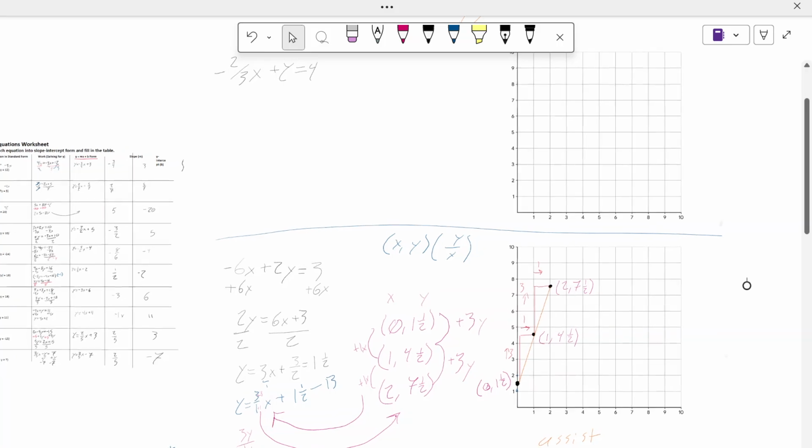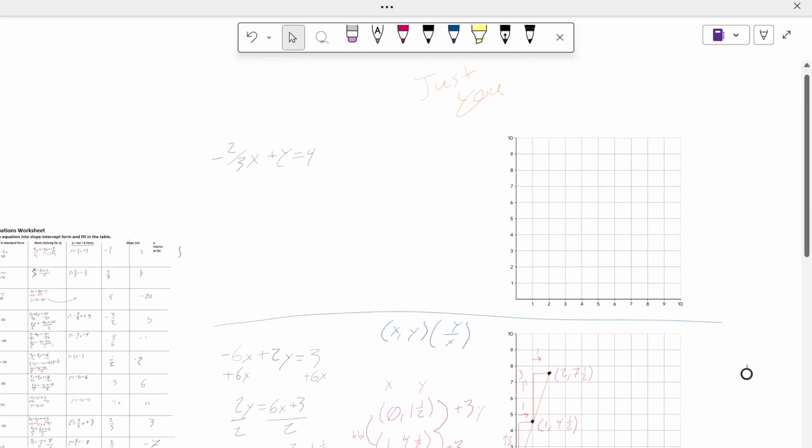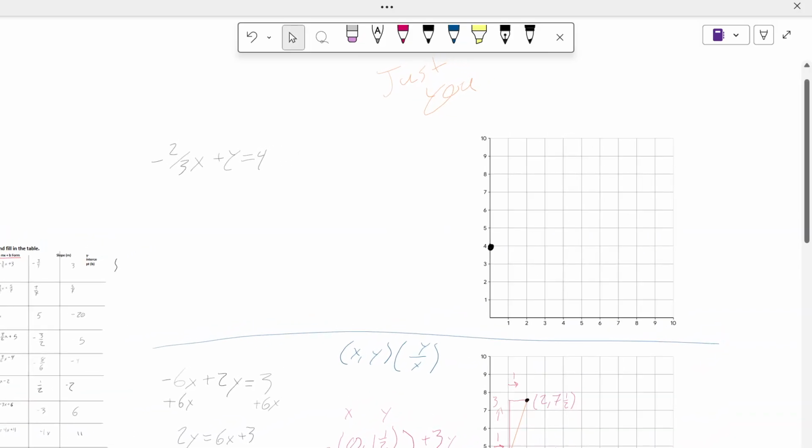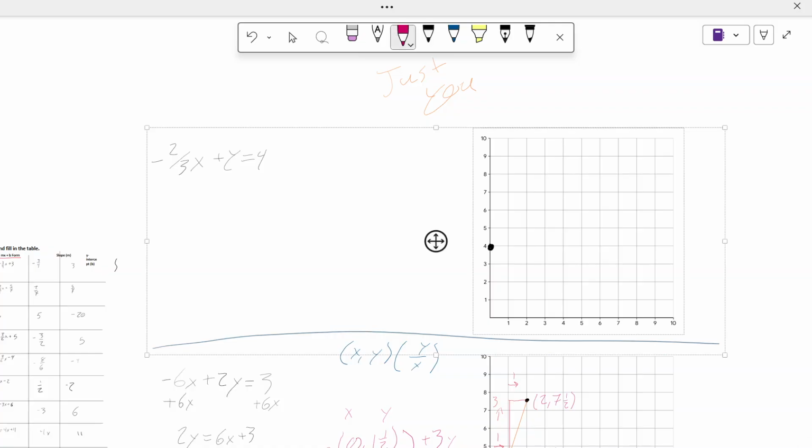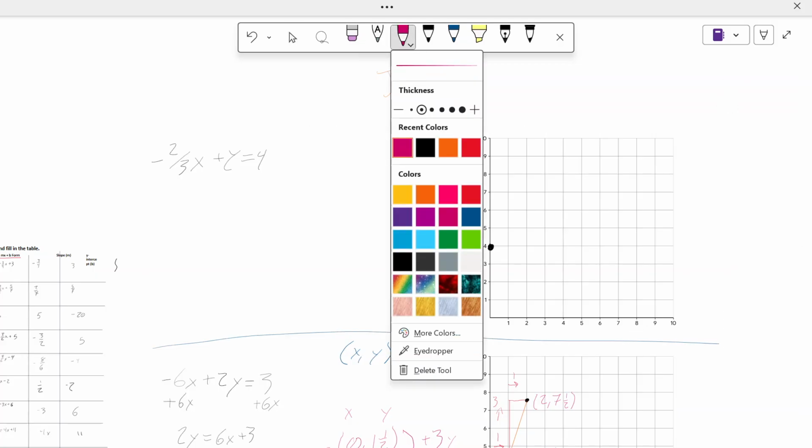Okay, and then I'm going to assume you had done this top one, but I'll just give you a rough estimate. It may not be accurate because I'm just rough guessing, but you're going to start at 4. You're going to go up 2 and over 3. I said I was going to let you do this, but we'll call it being kind.